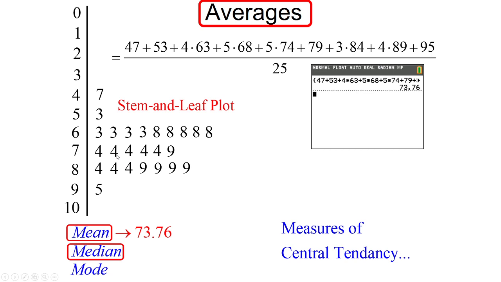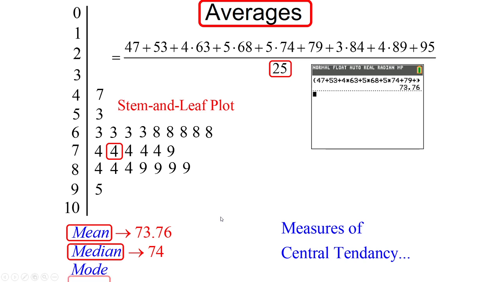See that 4 right there? That 4 right there is the middle piece of data. That score is the median score for this data. So what is the median? It is 74. And these should be fairly close, but they're not going to be exact.